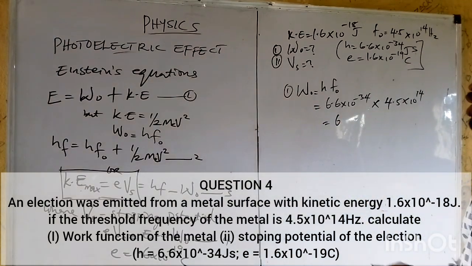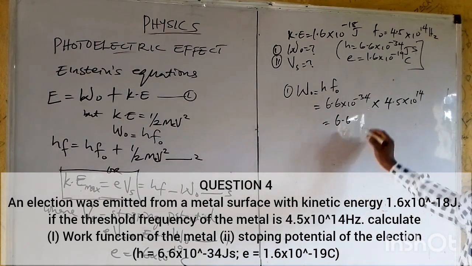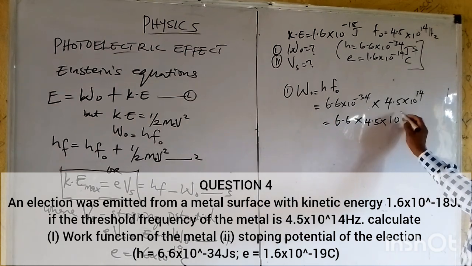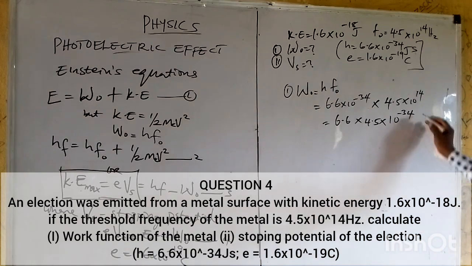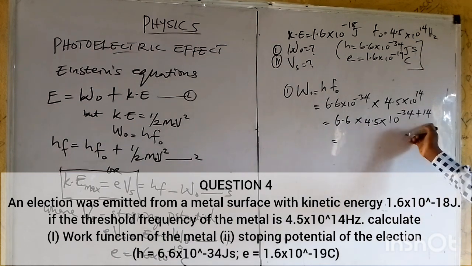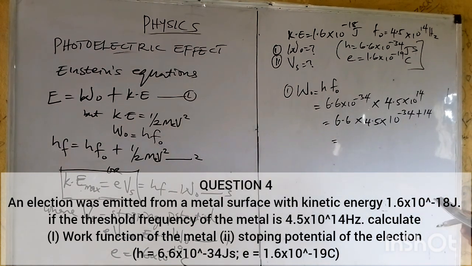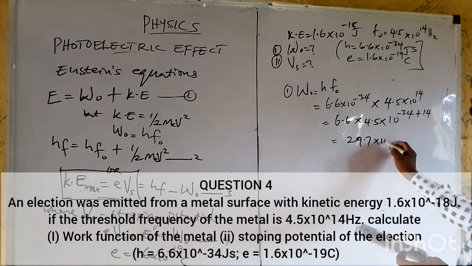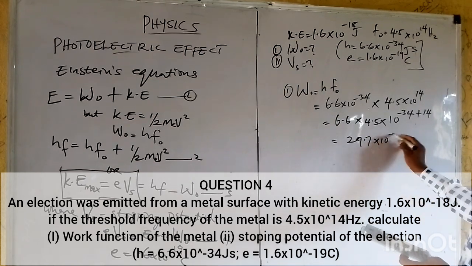remember the rules of indices, 6.6 times 4.5 times 10 raised to power minus 34 plus 14. The rule of indices says add the index numbers and multiply the bases. So 6.6 times 4.5 gives us 29.7 times 10 raised to power minus 20.